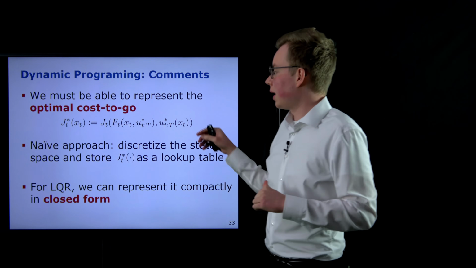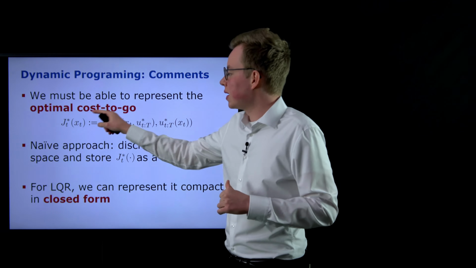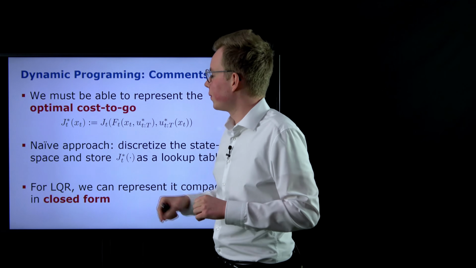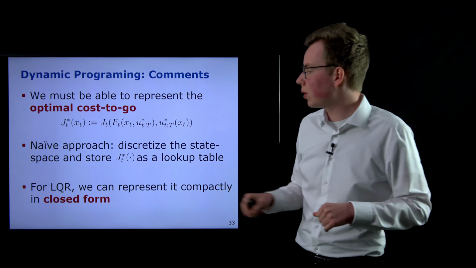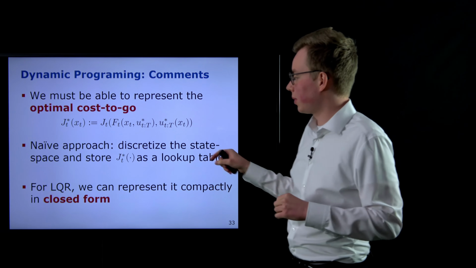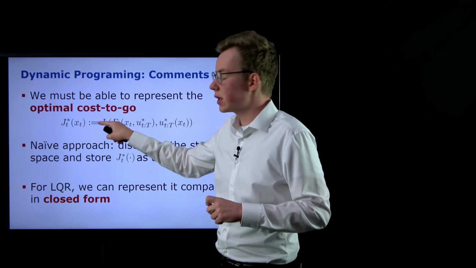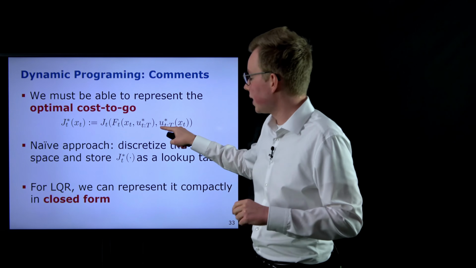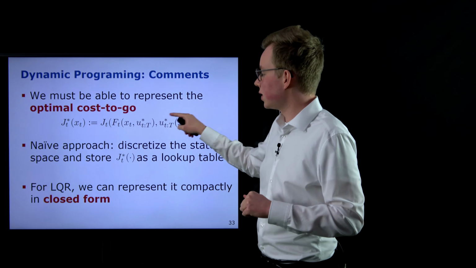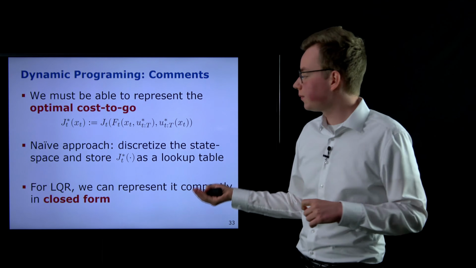In general, that poses a challenge, because we need to be able to represent this optimal cost to go, J star T, as a function of state. This optimal cost to go is defined as the original cost to go evaluated at the optimal strategy and the corresponding states that we get from forward simulating this strategy.